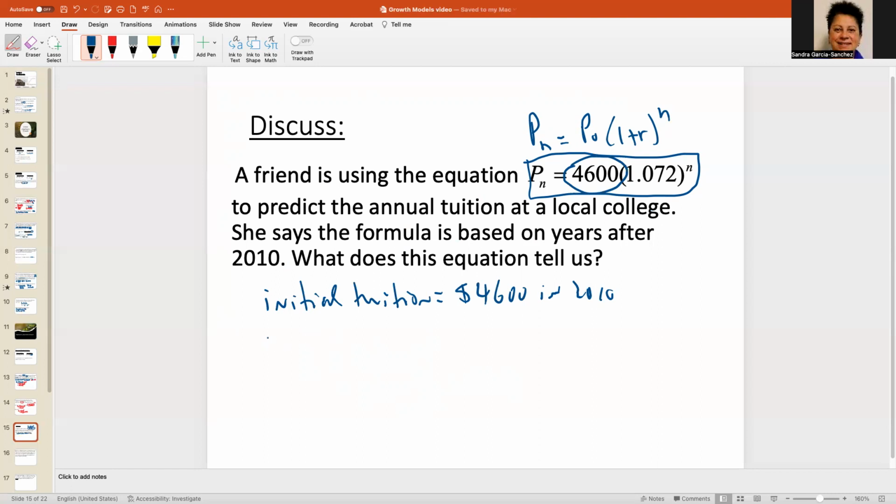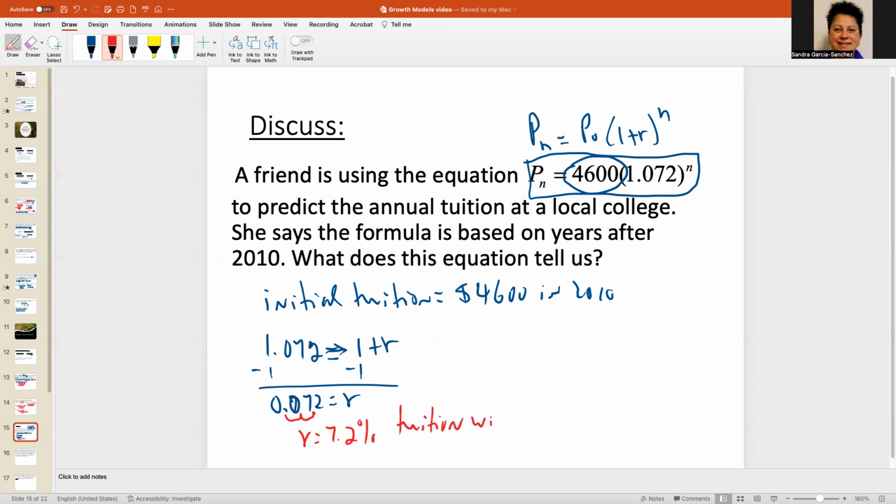Now, the 1.072 represents 1 plus R. So if I subtract the 1, I will get R. Okay, so if I change this into percent, which is moving the decimal point 2 times to my right, I can say that the tuition will grow 7.2% per year.